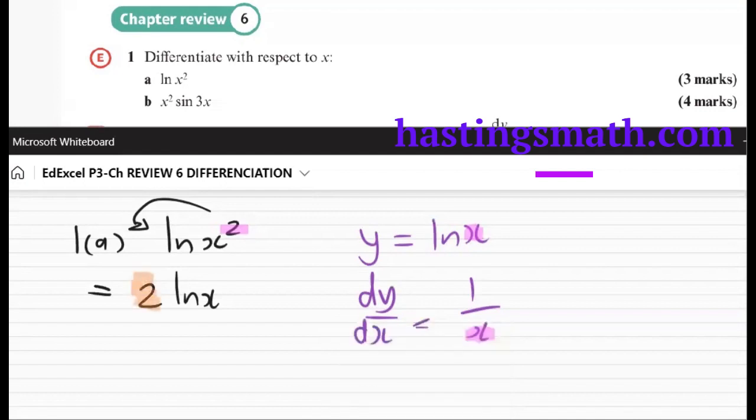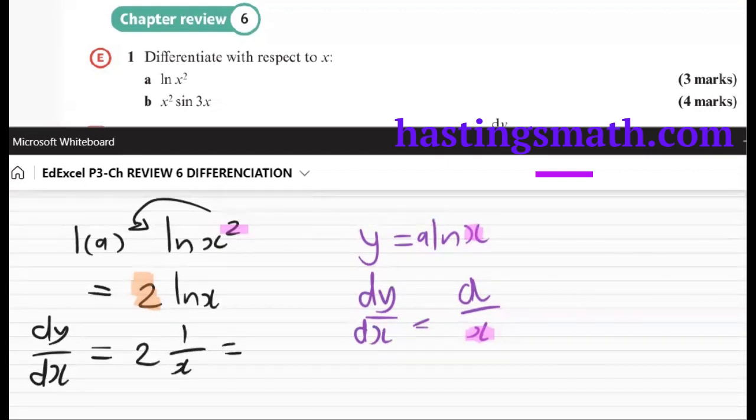So our a value is this 2. So if we had, for example, a ln x, then it would be a over x. So obviously, maybe we can already see the answer is going to be dy dx, it will end up being 2 times 1 over x, which is going to just be 2 over x. So just take a look at that a value, where it goes.